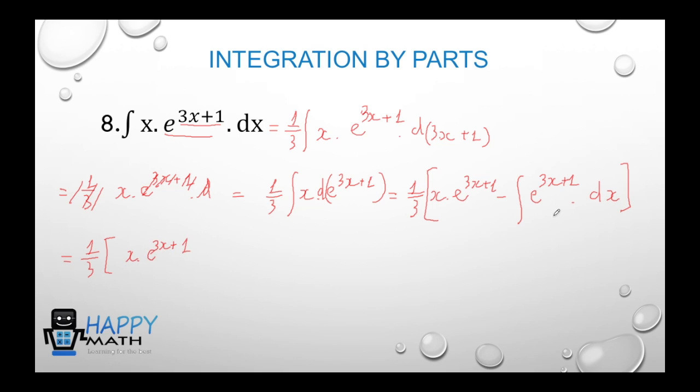And in the same way with this process, from this one, you time with 1 over 3 and plus 1 with the dx. So after all, the result of this integration is, and don't forget plus c at the end. Okay, very easy.